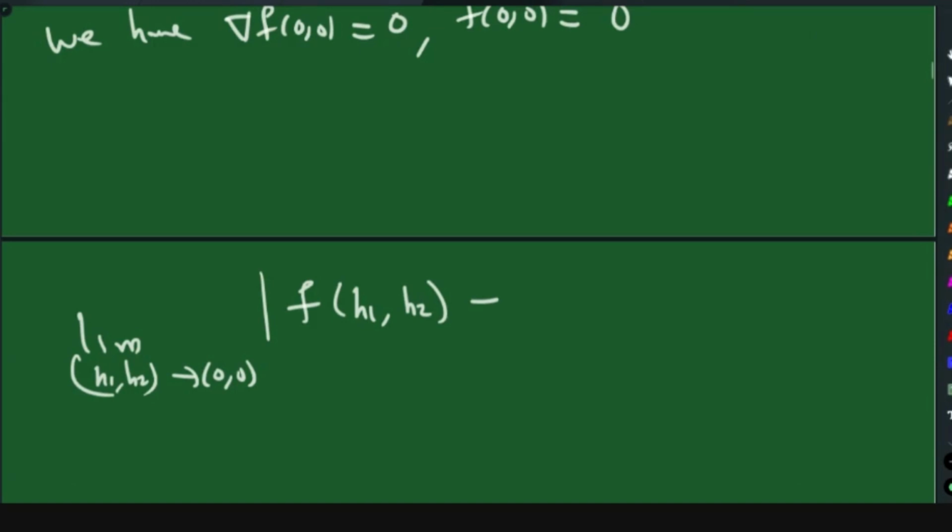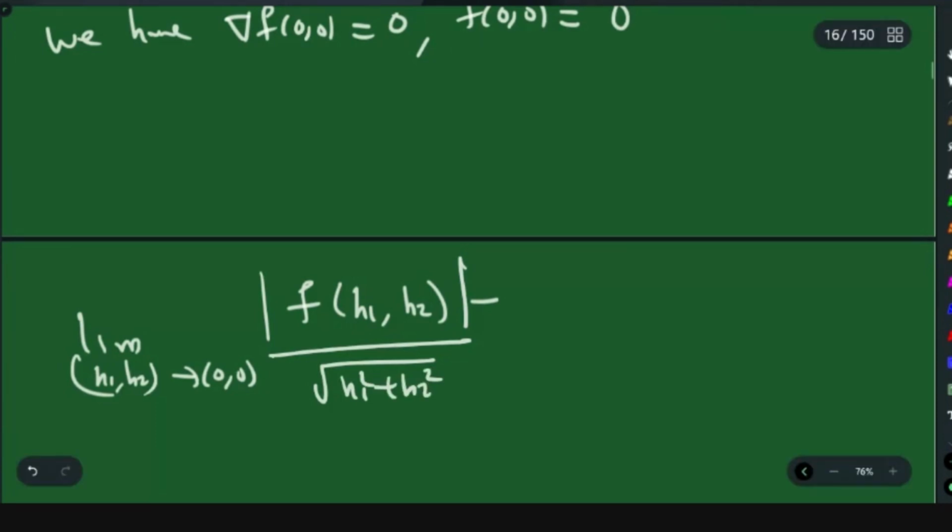So the only thing you will look at is f of h1 comma h2, modulus value, divided by root of h1 square plus h2 square. This is the quantity you have to look at. So you need to check whether this is equal to 0 or not.